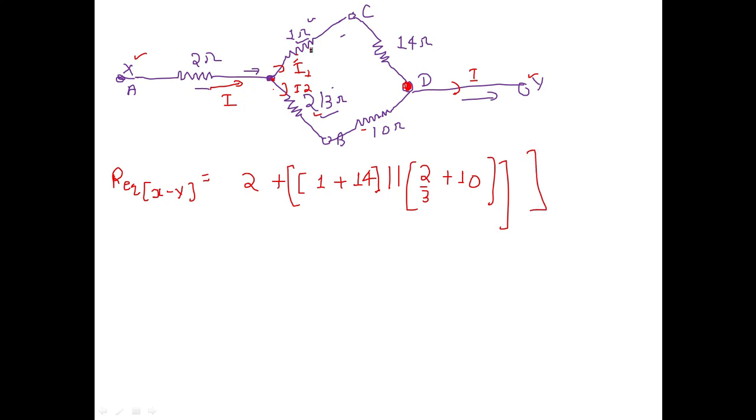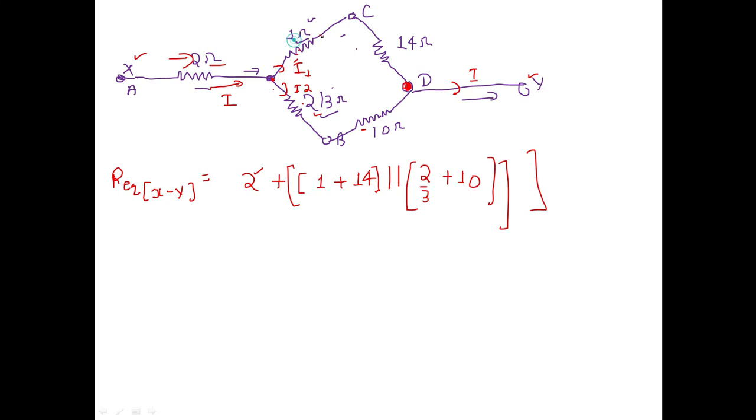And when we find the equivalent of these, it is in series with this 2 ohm resistance. So this 1 and 14 ohm are in series, and this 2 by 3 ohm and 10 ohm are in series. Why are these in series?